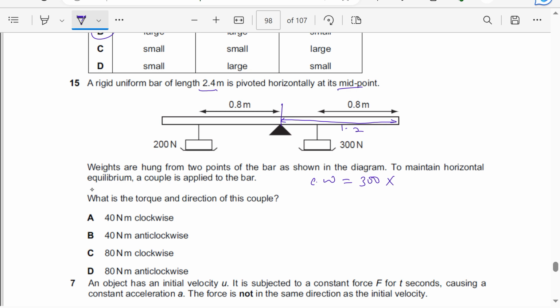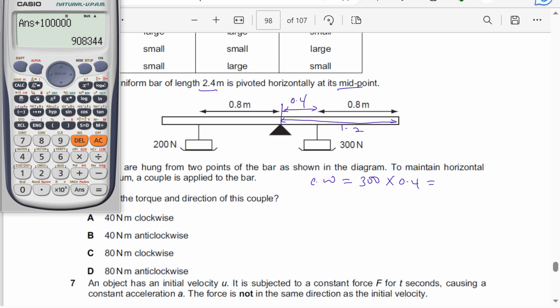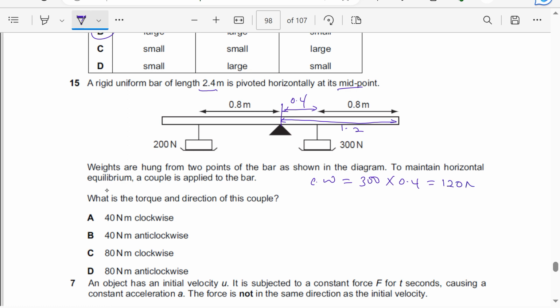So 1.2 minus 0.8, that is 0.4 meters. So this will be times 0.4 meters, which is 300 times 0.4, that is 120 Newton meters.